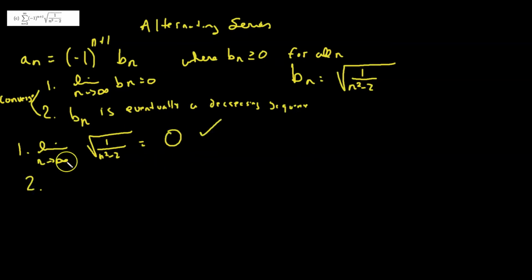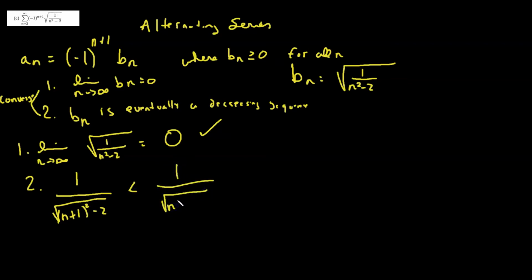And b n is eventually a decreasing sequence. To prove that, let's make our summation one value higher, then our b of n would look like the following. n plus 1, so this is the next term, and this is the term before that term.